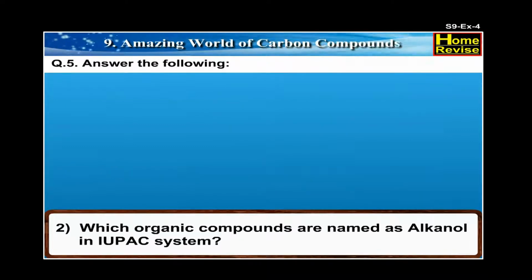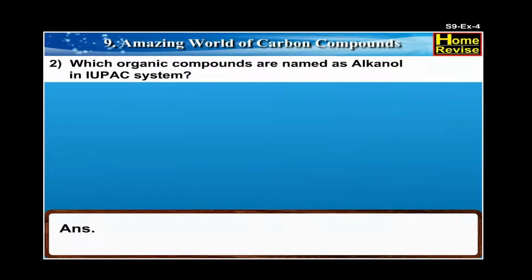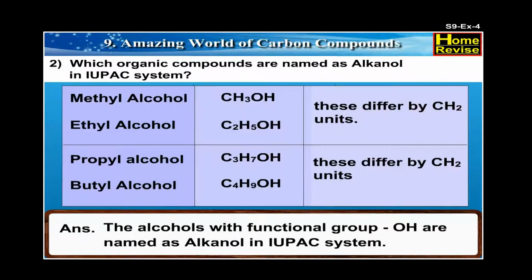Second, which organic compounds are named as alkanol in IUPAC system? Answer. The alcohols with functional group OH are named as alkanol in IUPAC system.